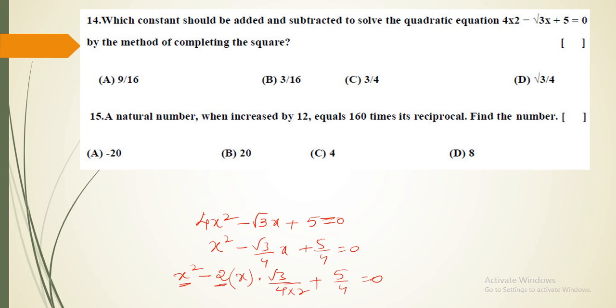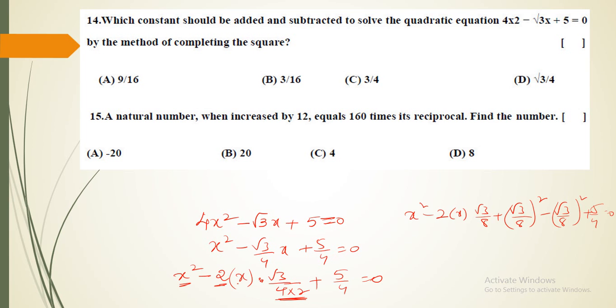Now x square minus 2a into b, so this is nothing but my b. So I need to add: x square minus 2 times x times root 3 by 8 plus root 3 by 8 whole square minus root 3 by 8 whole square plus 5 by 4 is equal to 0.